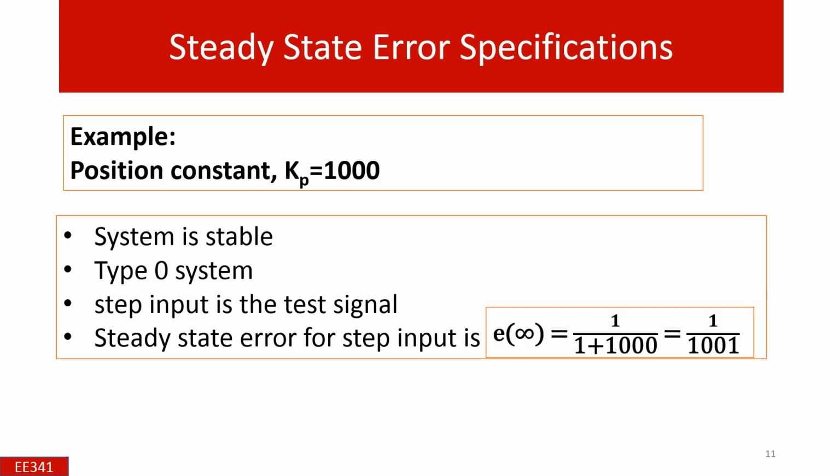So if the position constant Kp is given, which is equal to 1000, then first of all we can conclude that the system is stable.